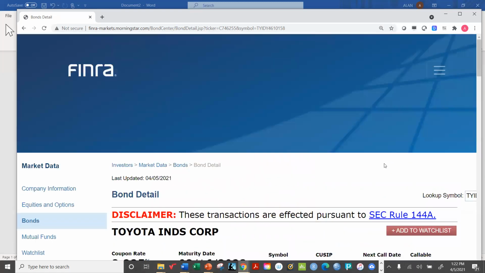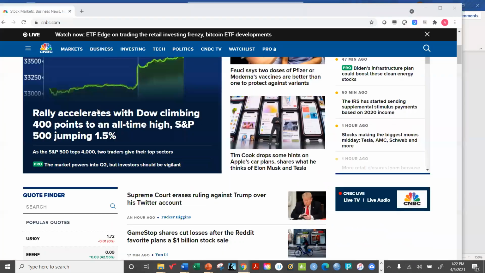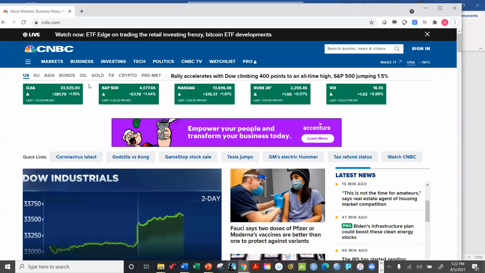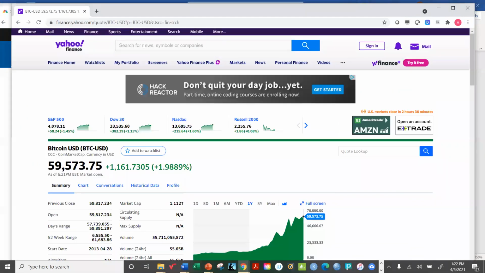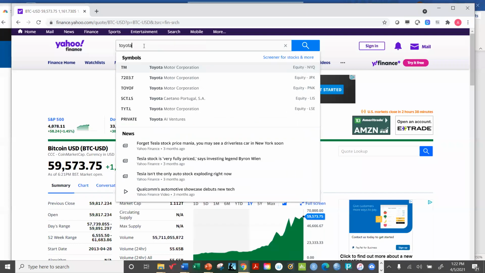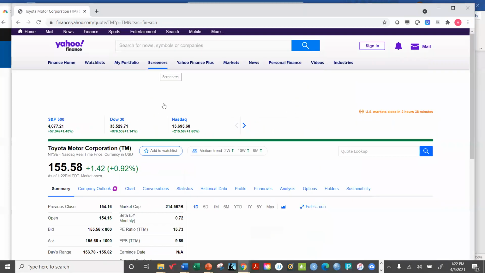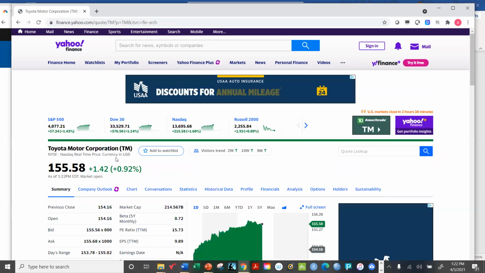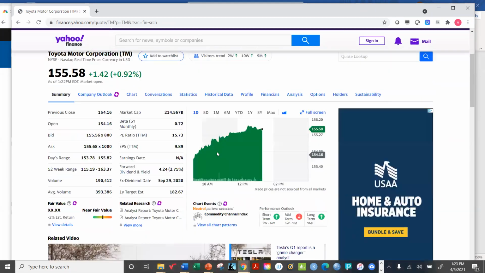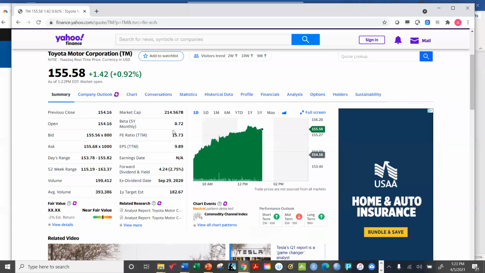In fact, if you look at foreign stocks, let's go back to finance.yahoo for a minute. Let's try Toyota again. Well, that's CNBC, sorry. TM, Toyota Motor Corporation. It says right here, NASDAQ real-time prices, currency in dollars. So this stock is actually a special type of stock.